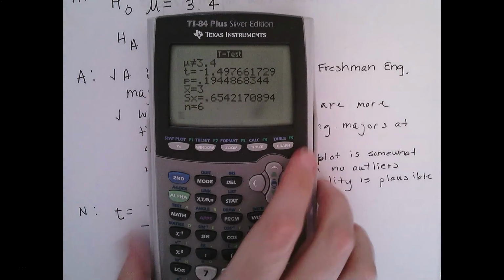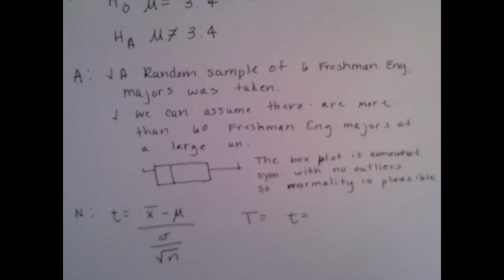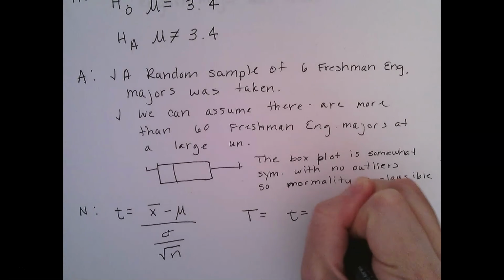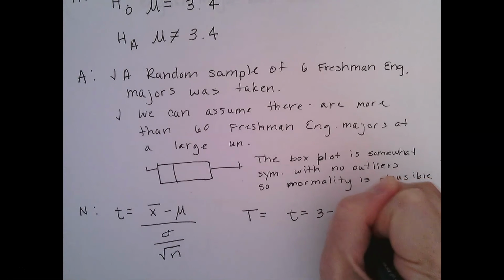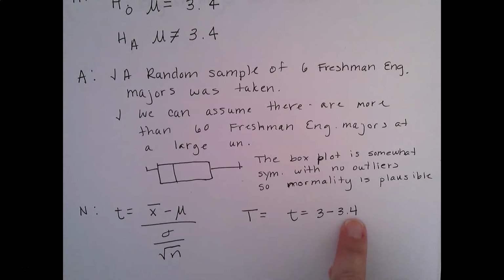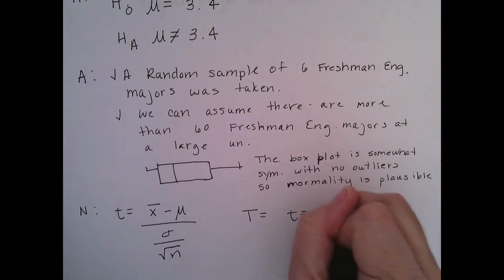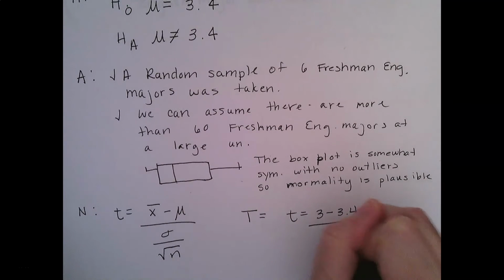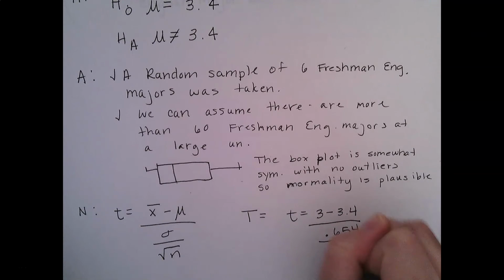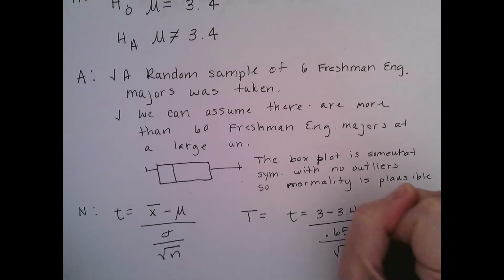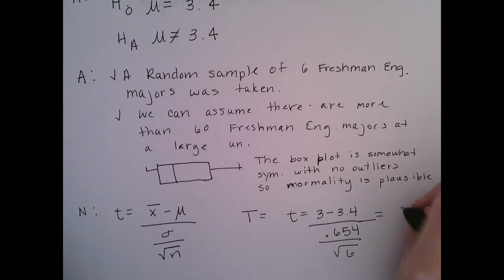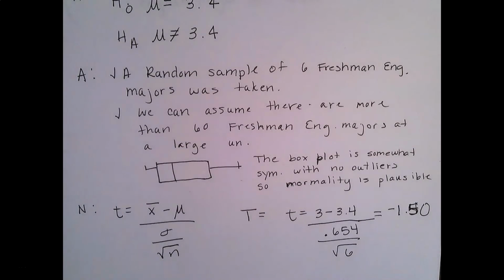So I'm going to pull this away, but I'm going to plug in those numbers. So I'm going to have 3 minus 3.4. Remember, you get this value from the problem. Over, I'm going to ask you to trust me, they gave me a standard deviation of 6.54 over the square root of 6. From my calculator, the test statistic was negative, actually if I rounded that, negative 1.5.